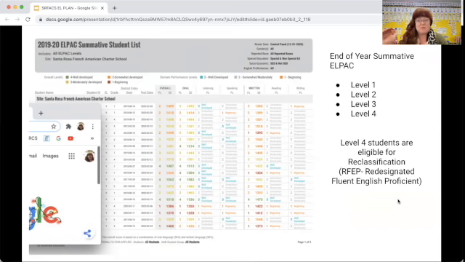When a student is level 4, that means they are ready for redesignation, that they are considered fluent, and they qualify to be redesignated. So our goal is to move students up through the levels to get them to level 4.